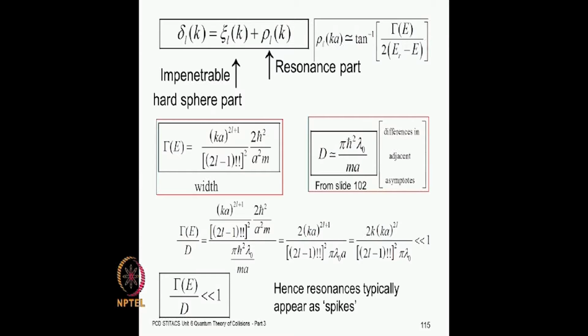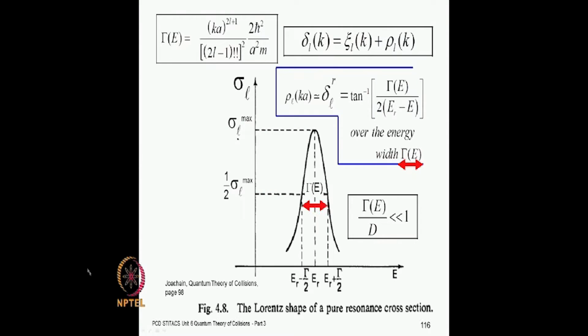We obtained the expression for D explicitly. All we are doing now is to take the ratio, and the resonances typically appear as spikes. So, here is an example, and here you have the resonance phase shift, which is given by tan inverse of this ratio, and in this width the scattering cross section will rise sharply, go to a maximum at the resonance energy, and then come down.